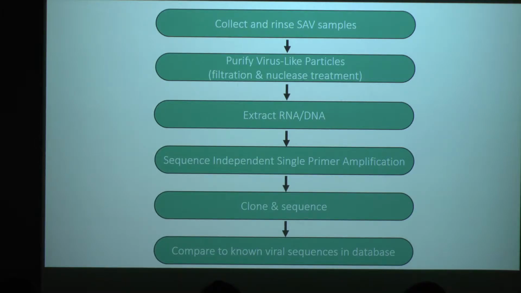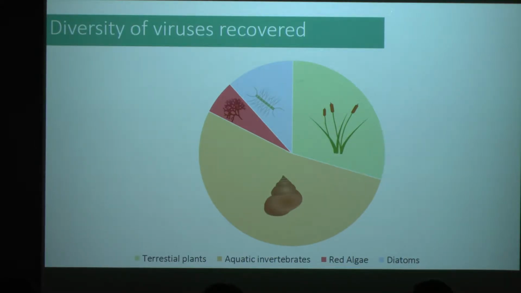So with that said, in this pie chart, I wanted to show the diversity of the viruses recovered from the sequences that we obtained. I wanted to remind you that we were doing this on vegetation per se. These are different size sequences that, when we obtained them, were the closest neighbors in the database.